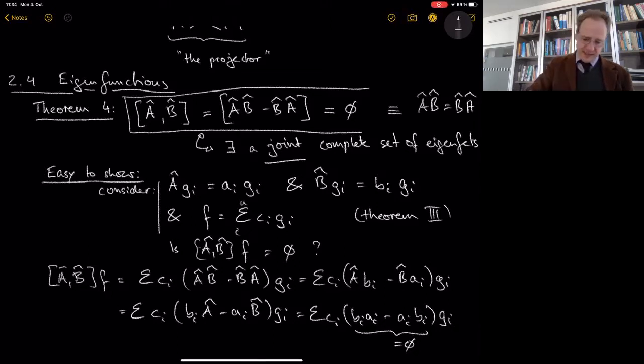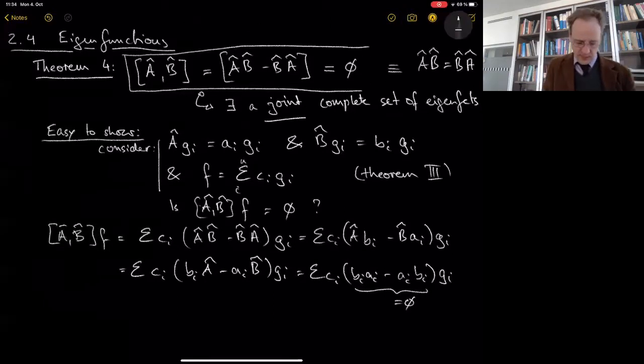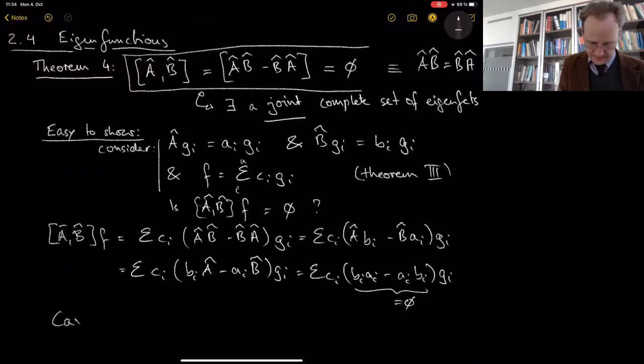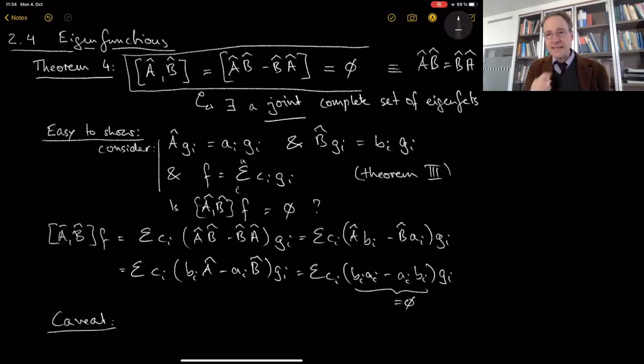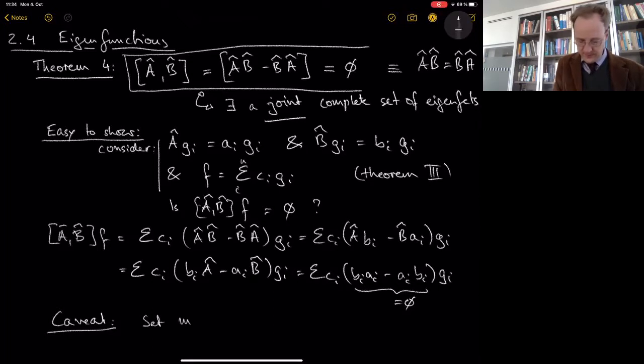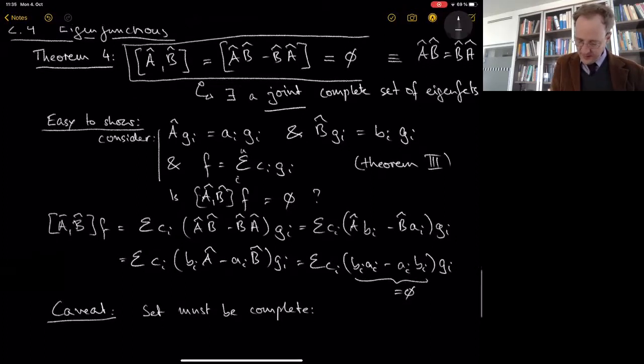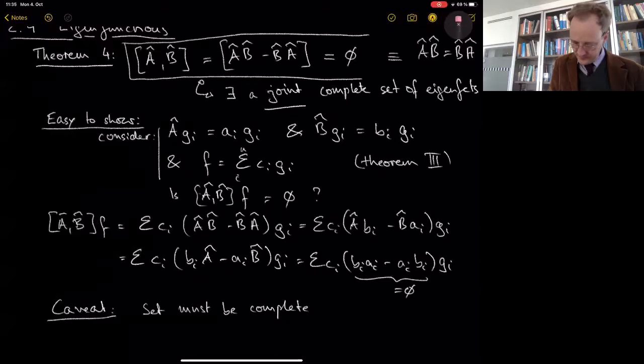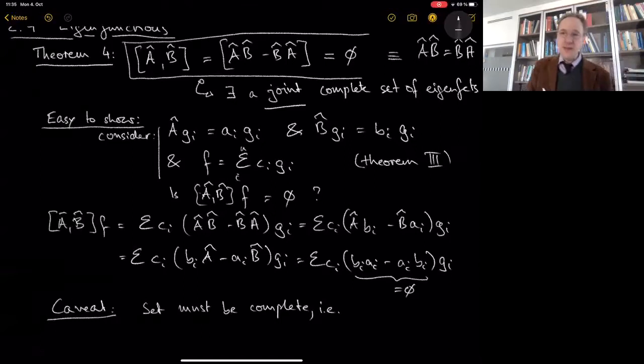Now, there's a caveat. The set has to be complete. So that means they must commute for all eigenfunctions.